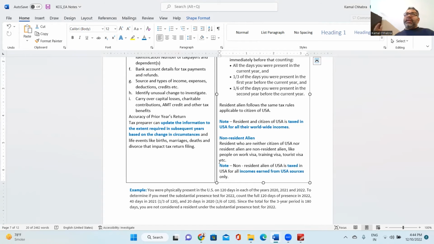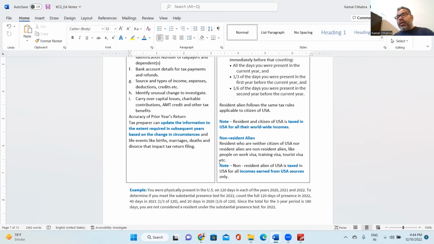If I have, let's say, rental income in India, that is not taxable in the US. But I need to submit the information of my assets outside the United States of America when I'm filing the return. But my income outside the United States of America will not be taxed if I'm a non-resident alien. Make sense?